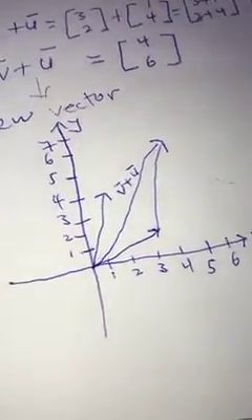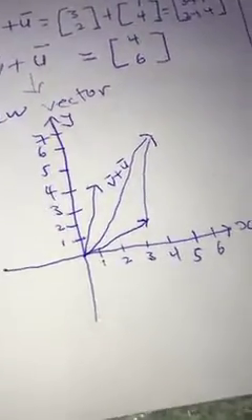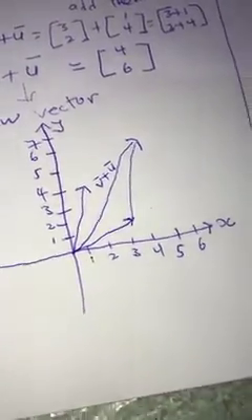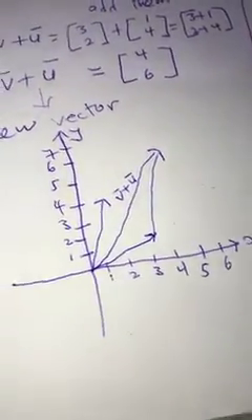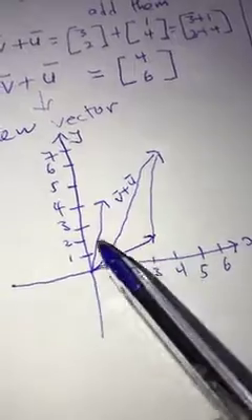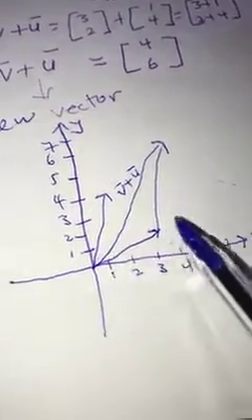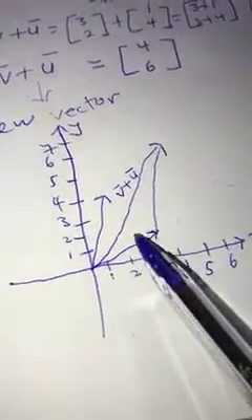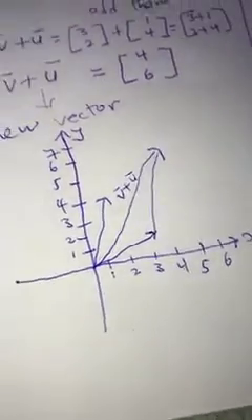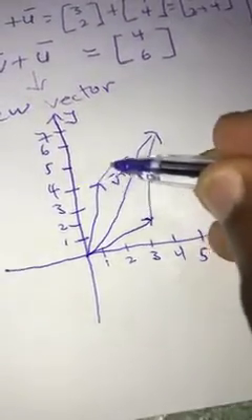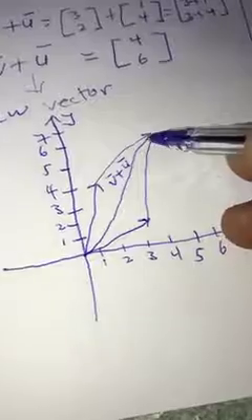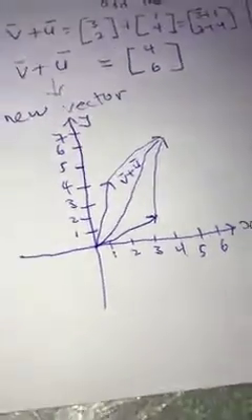Now let's move on. This is where the commutative property will come in. Here I join this vector to this vector, isn't it? Of course we can do the same thing here, and then we can decide to rule a line here, isn't it? So basically it's the same thing.